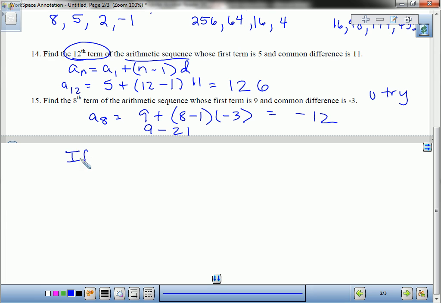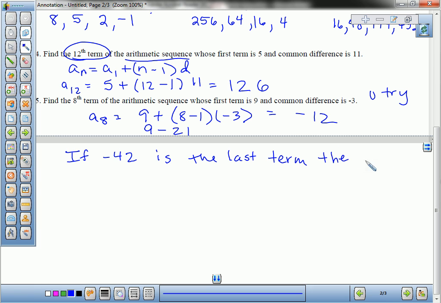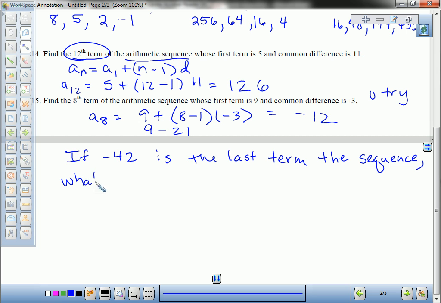I'm going to say if negative 42 is the last term in the sequence, what is the position, they could say position or number of the term, either way.